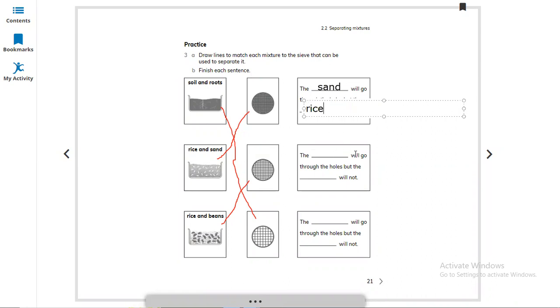Same like this, the dash will go through the holes. The rice will go through the holes, but the beans will not. So we write beans here. The dash will go through the holes, the soil, but the roots will not.